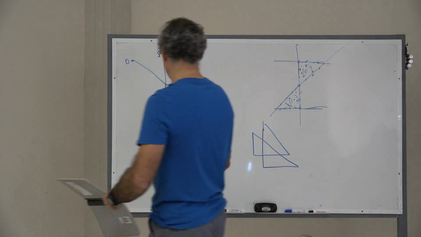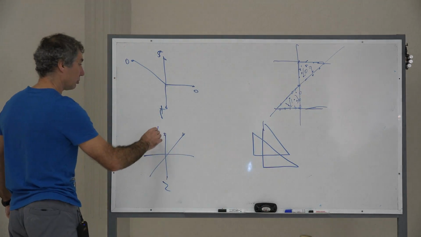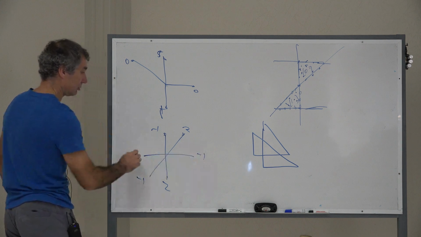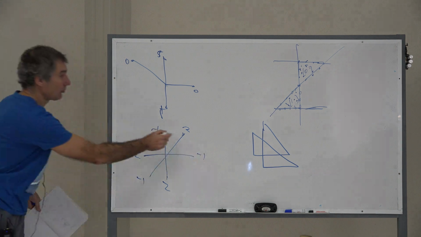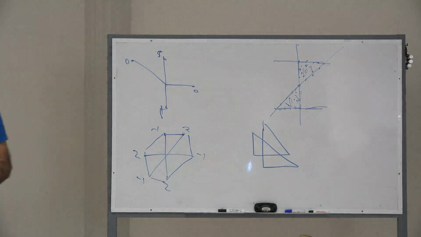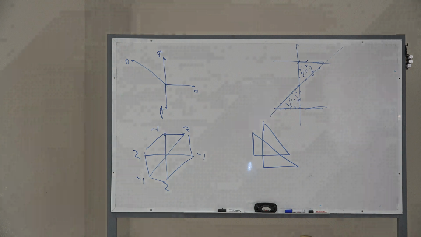The values you want, maybe like 2, minus 1, 2, minus 1, minus 1, 2. The boundary of this convex thing is always an immersed sphere. So again, it has many of the same features as a convex polytope.